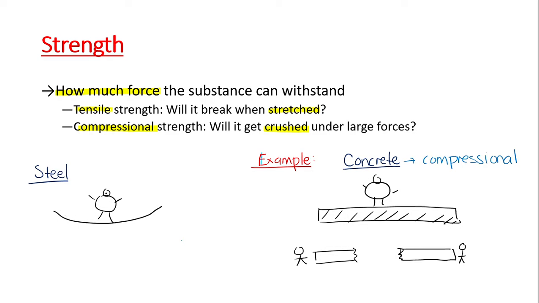So if that person stands on it, the steel will bend, okay? And it can eventually get crushed, okay? But if I have two people stretching it, it doesn't break. So which type of strength does this one have? Steel has tensile strength.